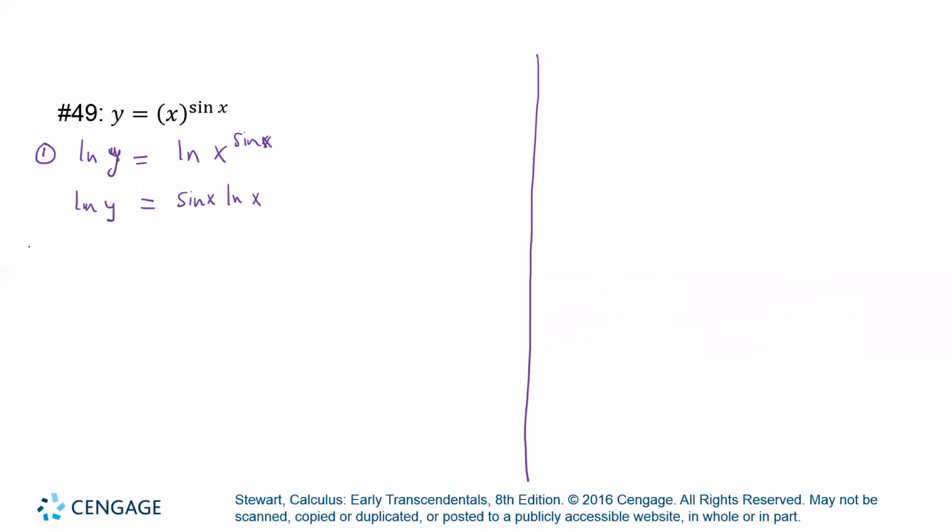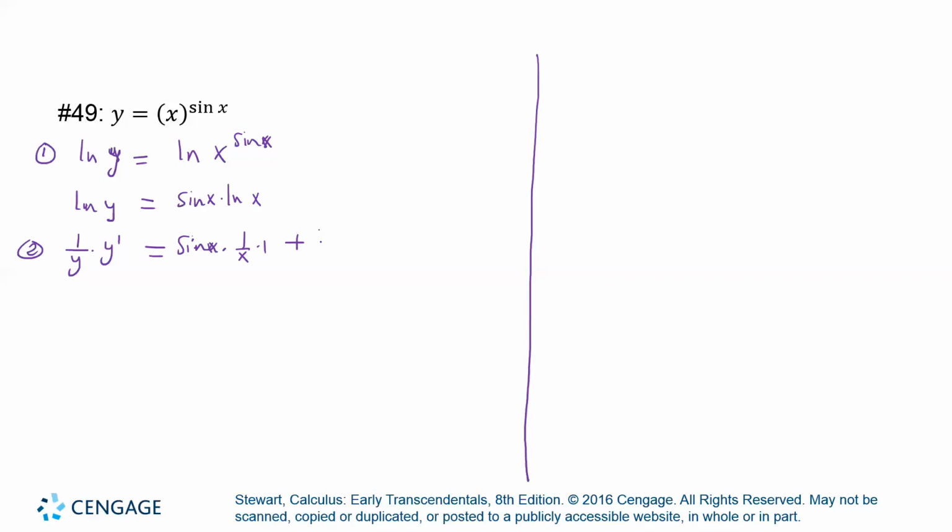So then step two, we differentiate implicitly. That will be 1 over y times y prime. That is equal to, if this is a product, don't forget the product rule. So that is keep the sine of x and multiply by the derivative of natural log of x, which is 1 over x times 1.